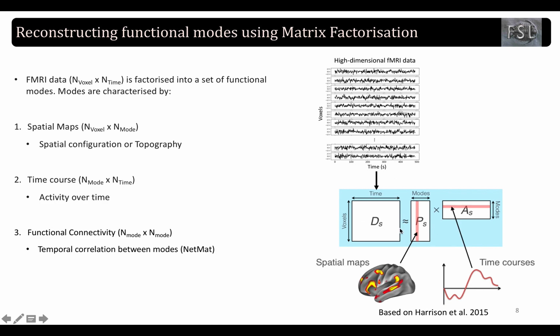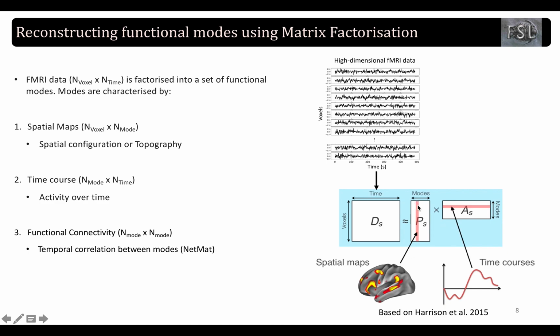We want to take this matrix D and decompose it into a set of spatial maps, matrix P, which is of size voxel by mode, and a time course matrix A, which is of size mode by time, and includes the time courses of the modes.